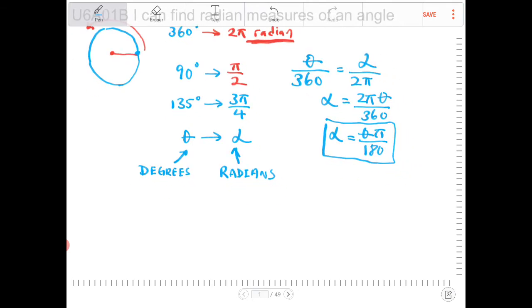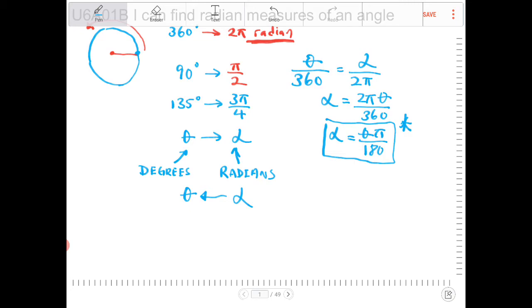Well, what if I wanted to go in reverse? What if I wanted to go from alpha to theta? In that case, we're going to take this formula and isolate theta, because we are trying to go backwards.